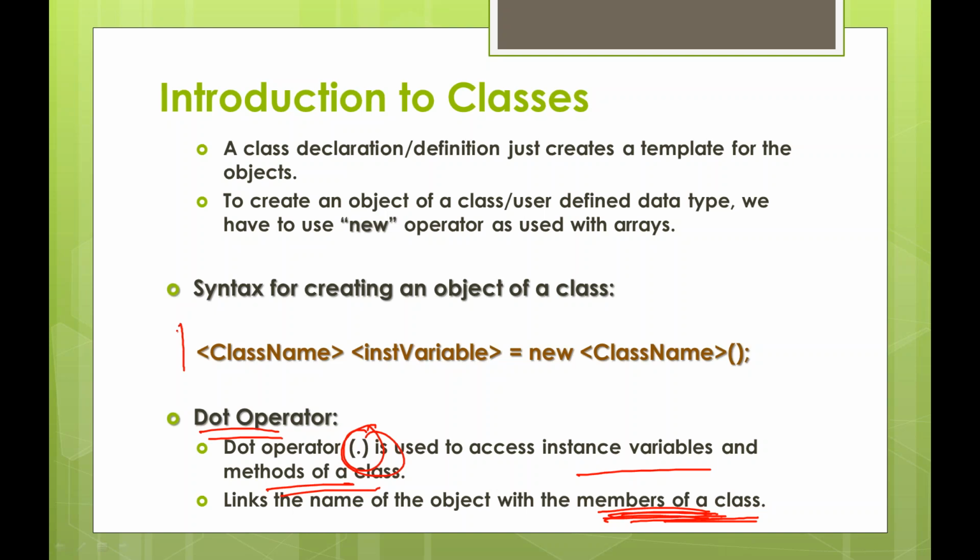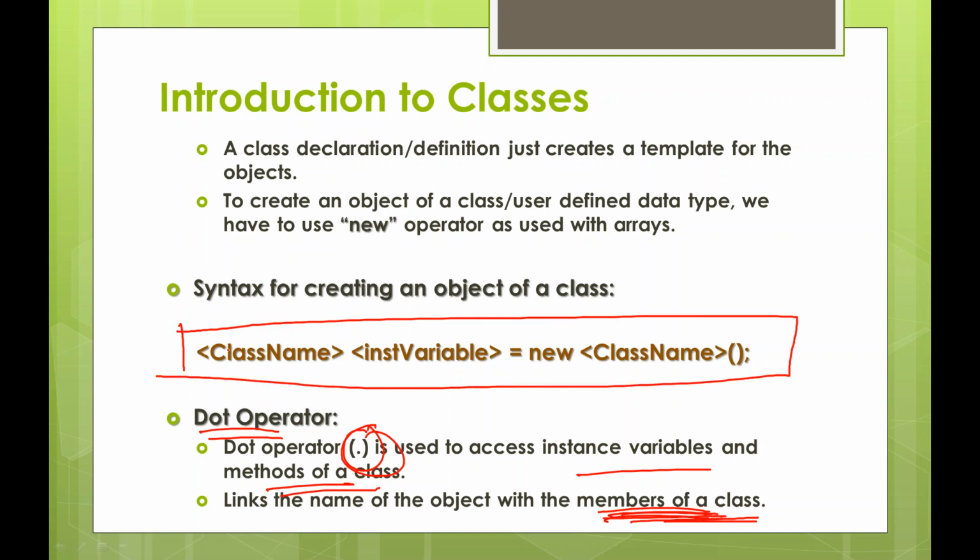Okay. This is how you create an object of a class. So we have Book, book is equal to new Book. Book here is the name of the class, this is our new operator, and this is the object. We can say this is not an instance variable; this is an object.